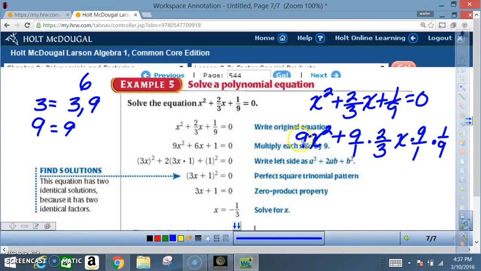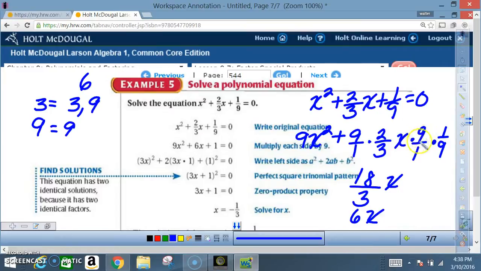Now, 9 times 9x squared is going to give me 9x squared. 9 times 2/3 is going to give me 9 times 2, which is 18, over 1 times 3, which is 3, and then 18 divided by 3 is 6. And that's how they ended up with 6x.